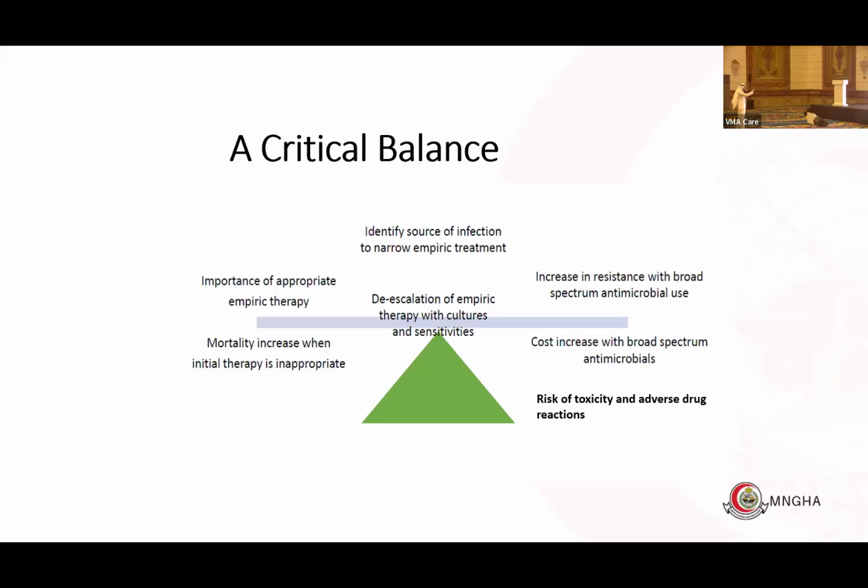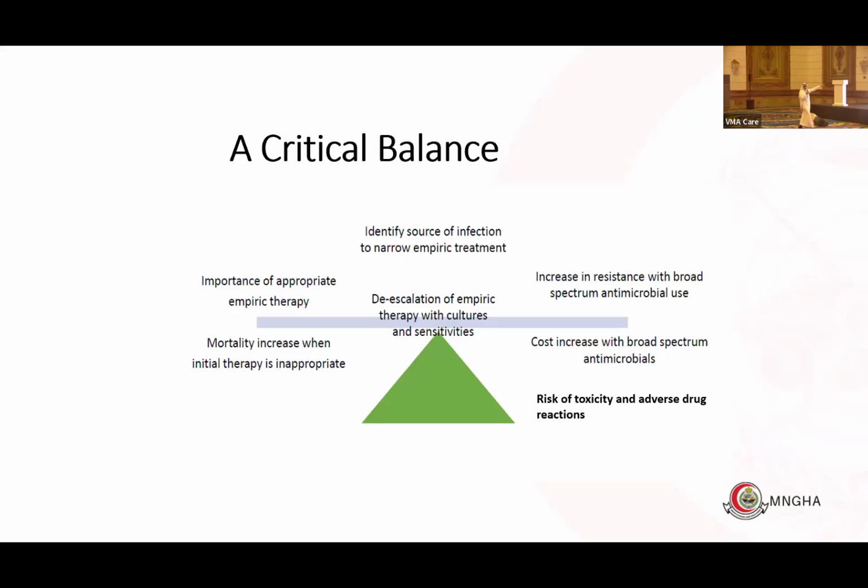So this shows the importance of appropriate empiric therapy, because if we are not giving appropriate antibiotic therapy, it will lead to increased mortality. On the other hand, if I give a broad spectrum antibiotic, it will lead to AMR, antimicrobial resistance, side effects, and risk of toxicity and adverse drug reactions.